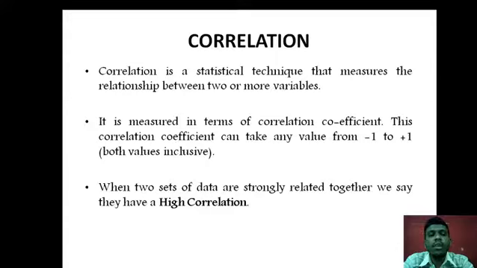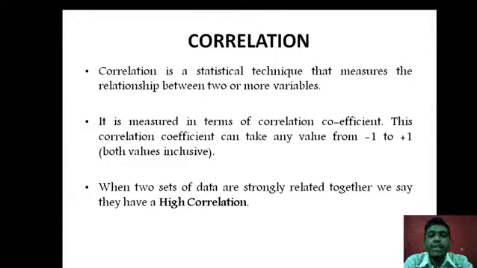The value of the correlation coefficient can be anything between -1 to +1. So it can take a value of -1, it can take a value of +1, and any numbers between these, that is between -1 and +1, and it can be even 0.